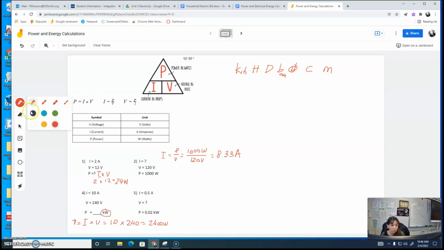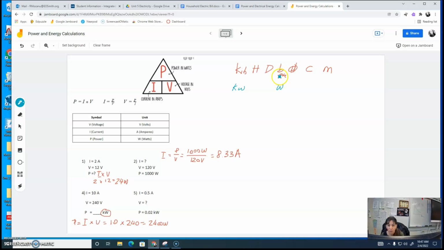If you don't remember this, please go back to unit 1 and review this. In this particular situation, we are working with a base unit of watts. That is our base unit that we're working with for power. And we want to convert from watts to kilowatts. So what do we have to do?